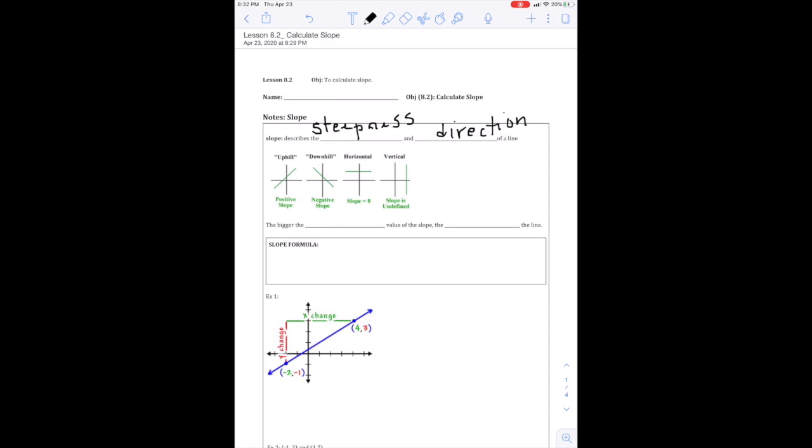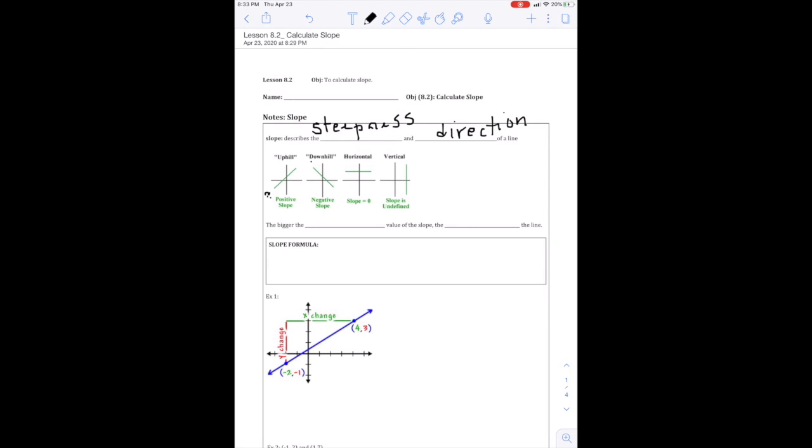So you can see in these examples, we're always going to start at the left-hand side of the graph, and if it's going up, it's going to be positive. If it's starting on the left up and goes down, then it's negative. Horizontal, it will be parallel to the x-axis, and if it's vertical, it will be parallel to the y-axis.